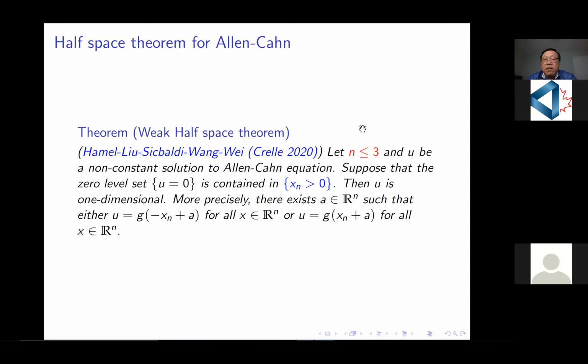So what we prove is yes, we have a half-space theorem if dimension n is less than or equal to 3. If n is less than or equal to 3, and if we have a non-constant solution to the Allen-Cahn equation, and suppose the nodal set is contained in a half space, then u is one dimensional.